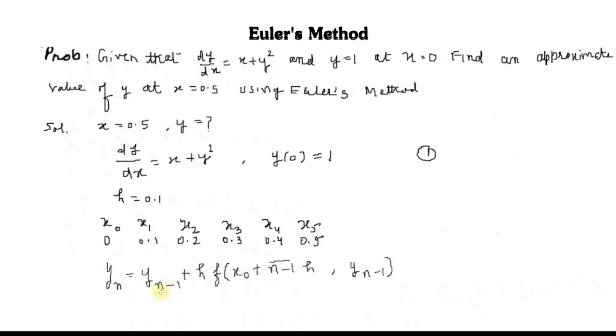If we put n equal to 2, we get y2, and we have to go up to 1, 2, 3, 4 and 5. We are observing that to get y2 we use y1. In this way, this can be done in table format so that it makes it easy, and there we consider the steps of Euler's method.